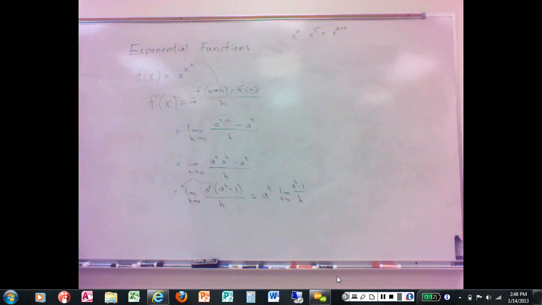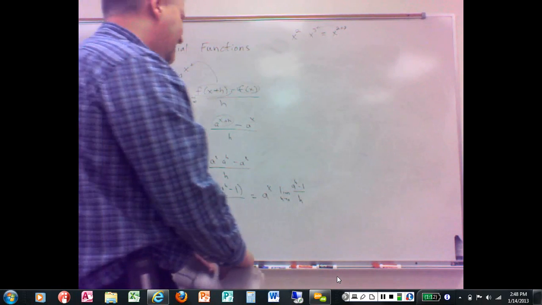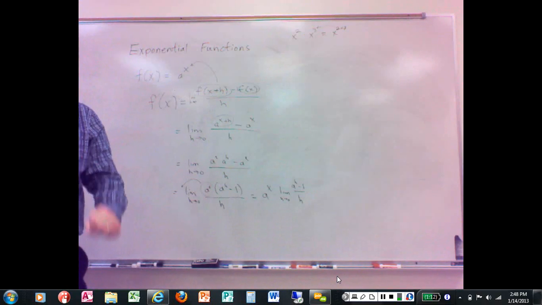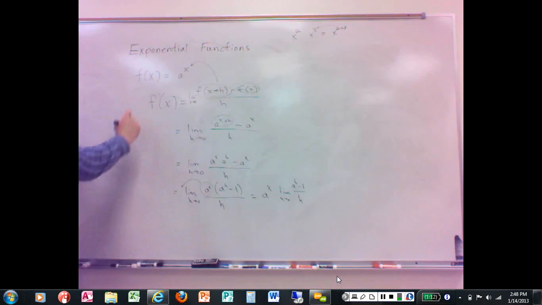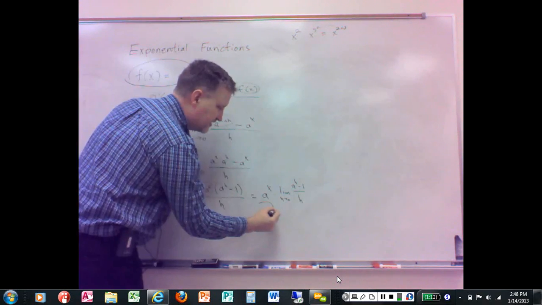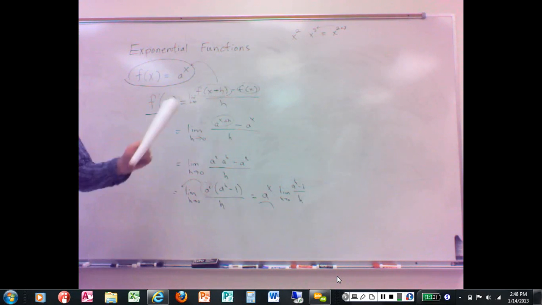Which gets me stuck a little bit. But here's what we can say. What was I doing? I was doing the derivative of a to the x. Well, look at this. The derivative turns out to have a to the x in it. So part of the derivative of a to the x is a to the x. Nothing changed.